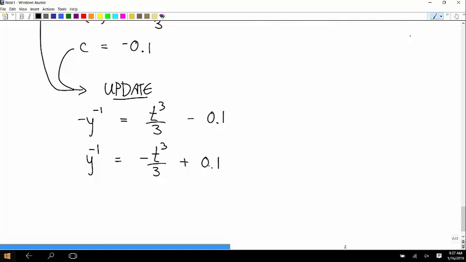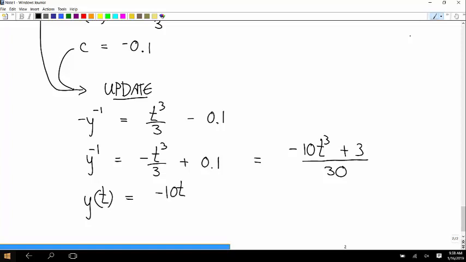And this is 1 over 10, 3 over 30. So I think this is equal to negative 10 t cubed plus 3 over 30. And now I can just take the reciprocals, and I finally get that y as a function of time, the thing we're looking for, is equal to negative 10 t cubed plus 3 over 30.